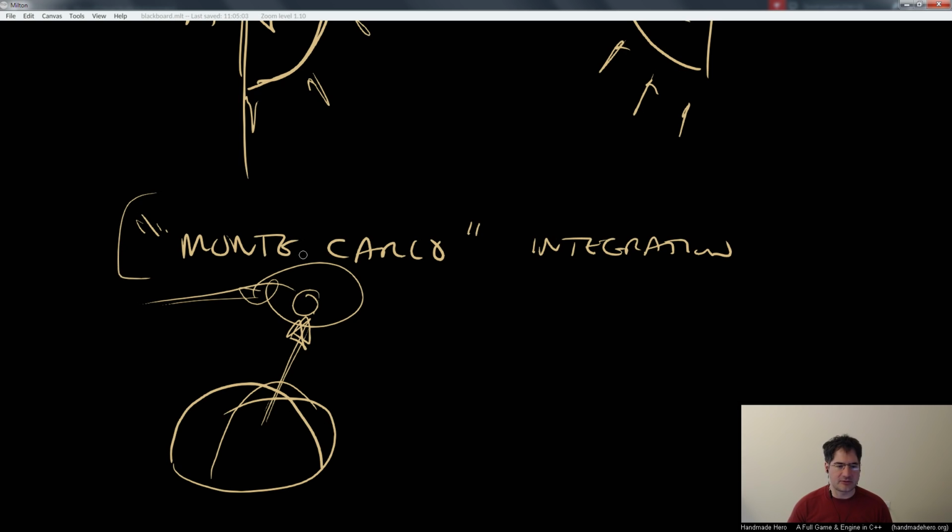And the reason that they're called Monte Carlo integration schemes is because what they do is say, well, okay, if we have something that's too high dimensional for us to really solve, we can still take randomized samples and combine them in ways that produce an approximate result. And that's what pretty much all high-end ray tracers these days are.